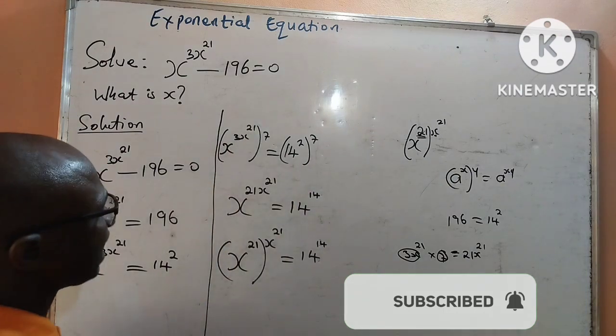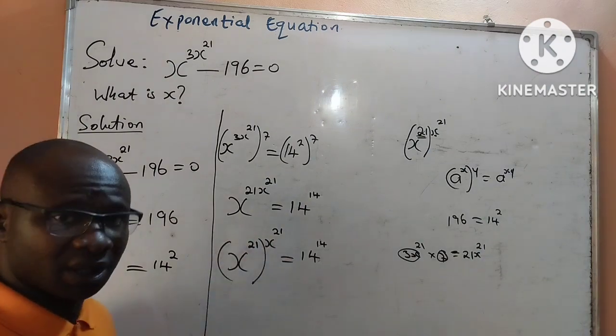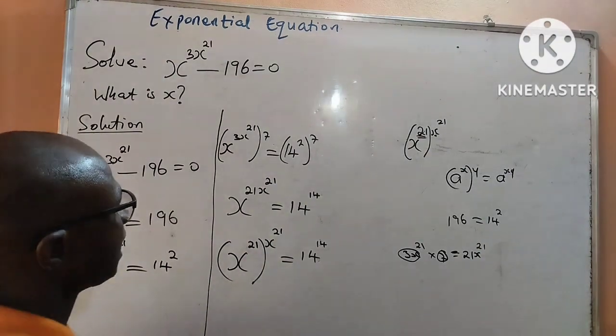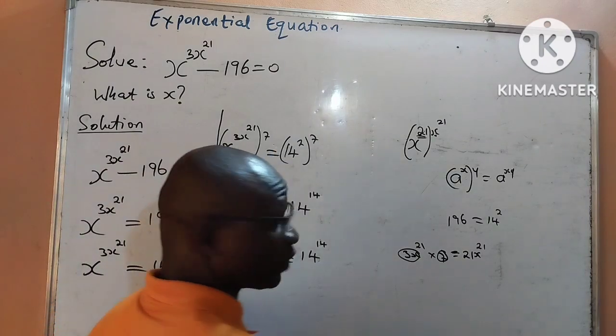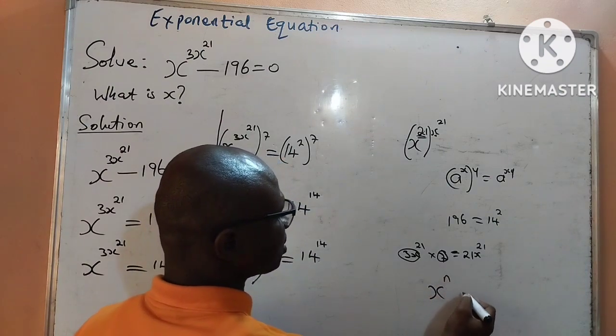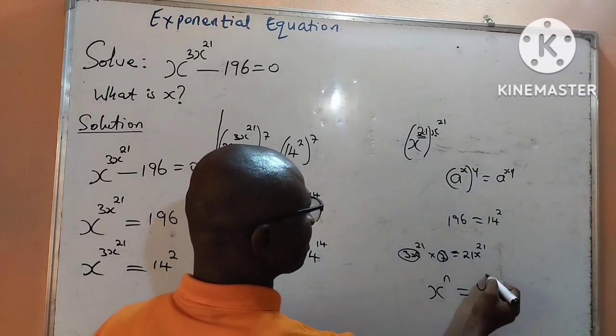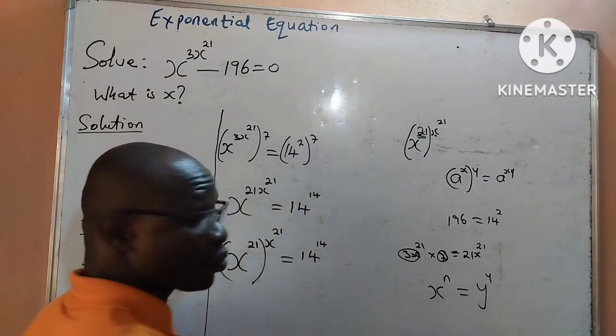Beautiful. Now, at this point, what I have ended up achieving in this question is that I have been able to get what we can apply a law of indices to, such that if I have x to the power of x equal to y to the power of y, then it implies that the bases are equal.